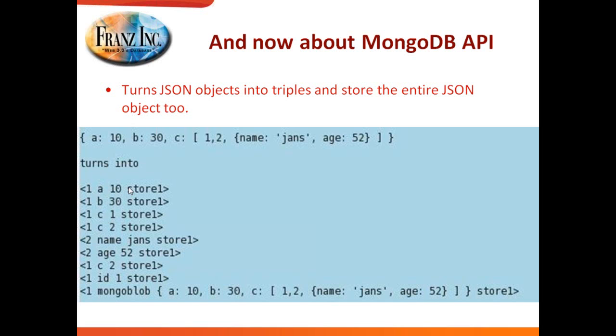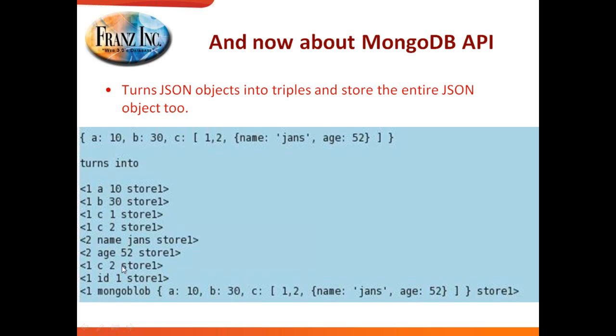So here you see A 10, B 30, C 1 and 2, because actually this is still 1-level objects. And then we get a sub-object with name Jans and age 52. And there's a link from 1 to number 2. So here you see the graph that gets created.